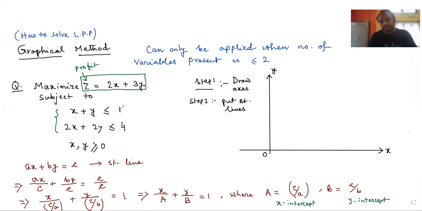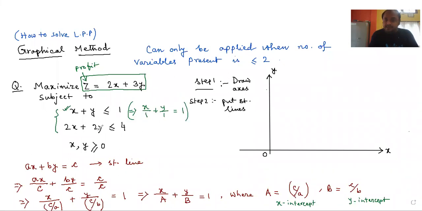Now, in this particular case, interestingly, you don't have to bring this into intercept form because it is already in the intercept form. Considering these inequations as equations only, this one is already in its intercept form, because it can be written as x by 1 plus y by 1 is equal to 1.